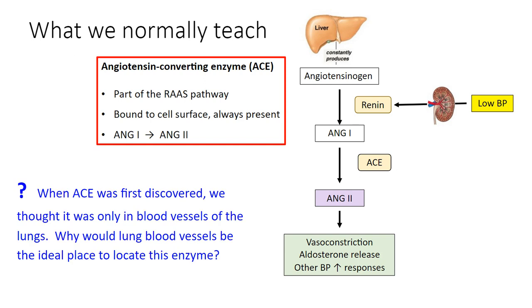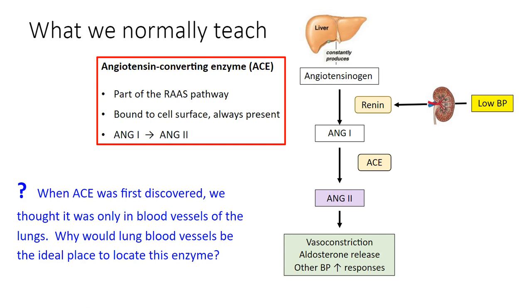So the question to students is, when we first discovered ACE, the scientists thought it was found only in blood vessels of the lungs. Why would lung blood vessels be the ideal place to put an enzyme like this?